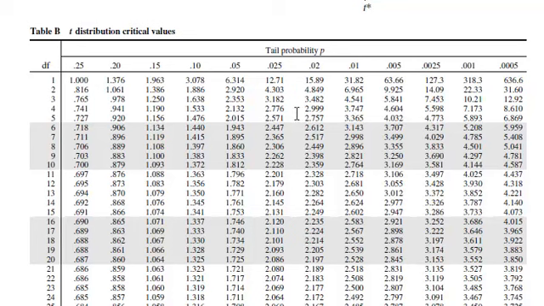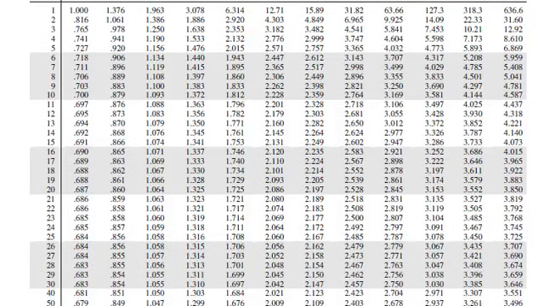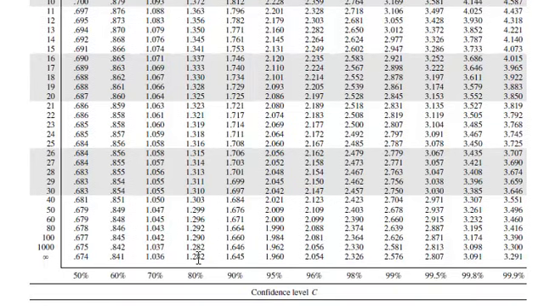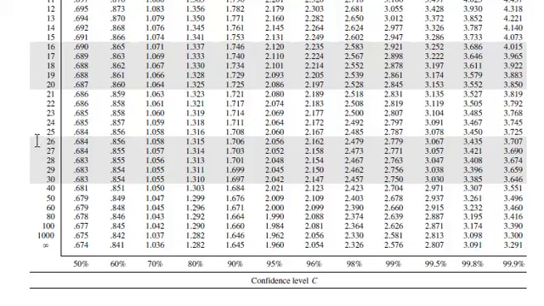So for our problem, let's look. Degrees of freedom, and that's what DF stands for. We said we were asking 250 people, so 249 degrees of freedom. If you look at this table, 249 is obviously not going to be on here. So you want to look for the smallest number as close as possible to 249.